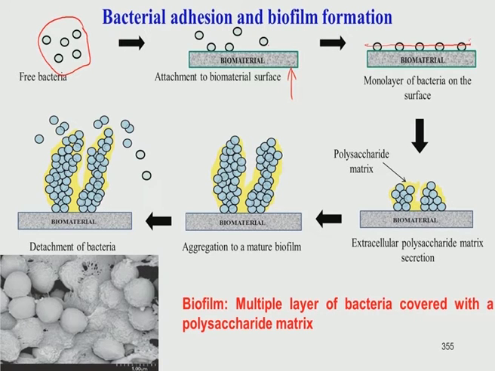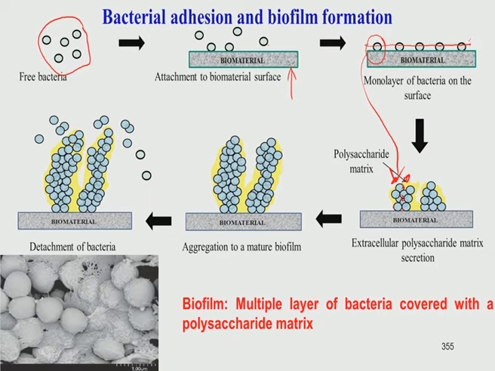Once this monolayer forms, subsequent bacteria will come and get attached to the single bacteria. What I am trying to show is that the single bacterium which initially came and adhered on the material substrate is capable of forming an individual colony on the biomaterial substrate.